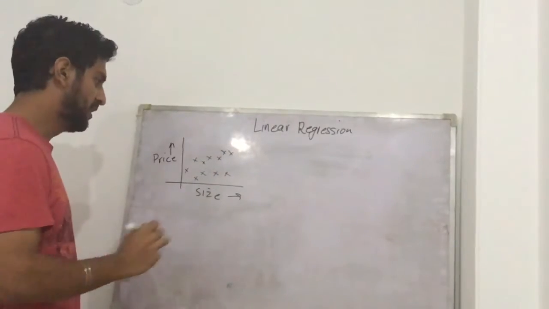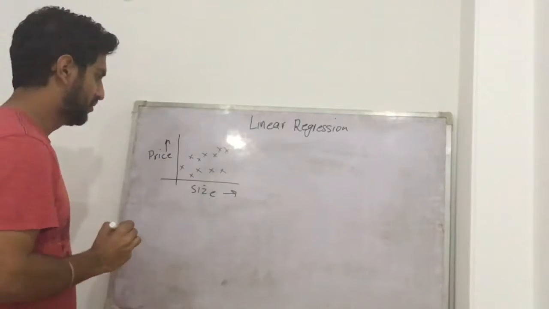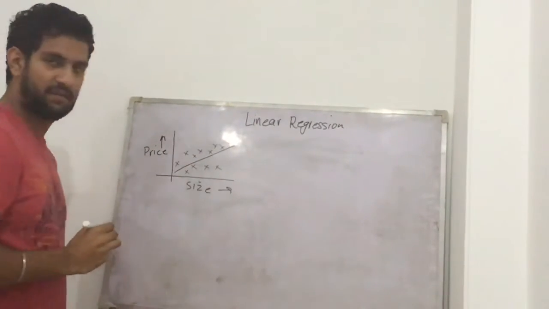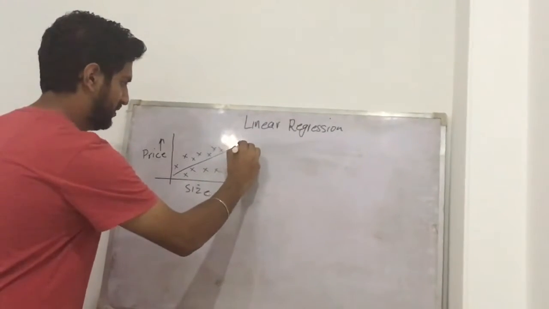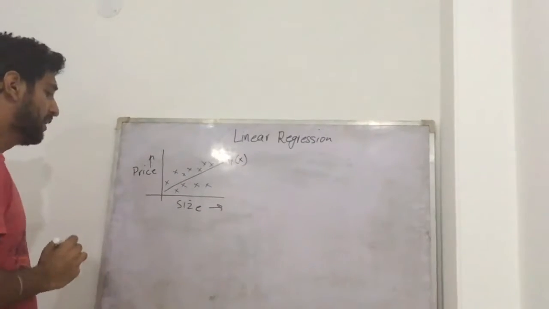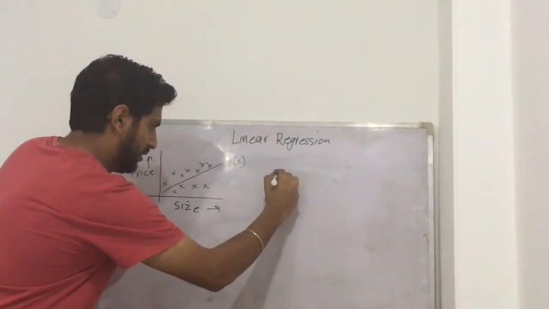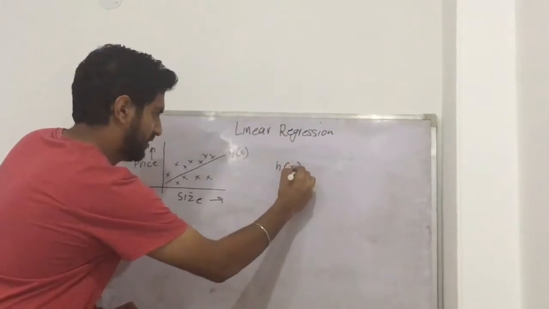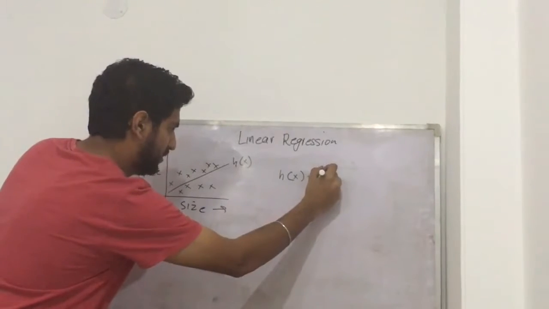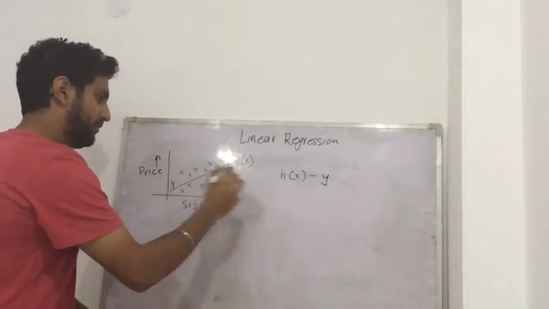So our objective is to find a line that fits these data points with minimum error. For example, this line becomes a prediction, which is also known as hypothesis and is denoted by h(x). Now, to find the errors, what we do is take the hypothesis function, which is this, minus this point, which gives us this error.